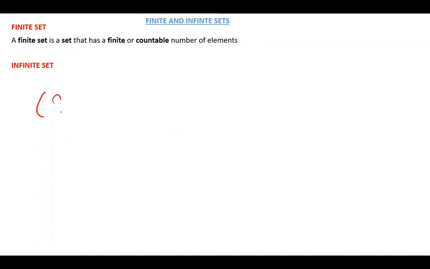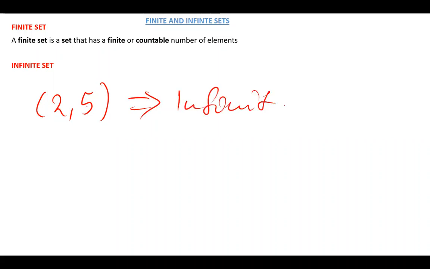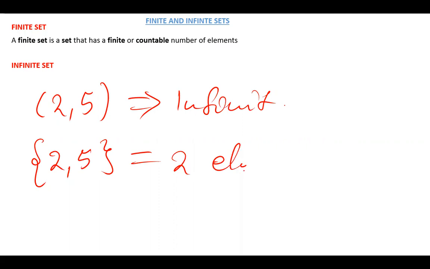For instance, if you have (2,5), looking at the brackets that we're using here, this is an infinite set. You can't count the number of elements in this set. But if we say {2,5}, and then we use these kinds of brackets, we represent it using the roster form. This means that there are only 2 elements in this set. So this implies that this is a finite set. You are able to count the number of elements.